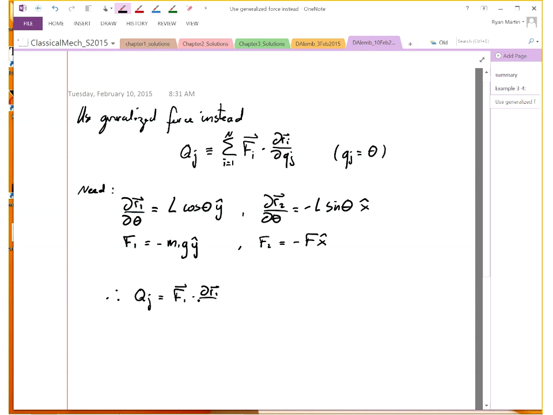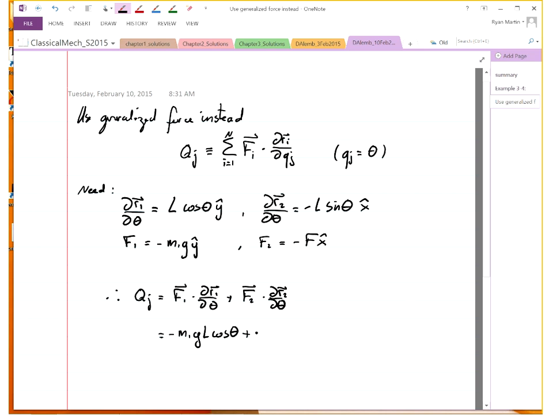So that's F1 dotted with ∂R1/∂θ, plus F2 vector dotted with ∂R2/∂θ. So F1 we wrote as minus M1 g dotted with L cos θ, so we have minus M1 g L cos θ.